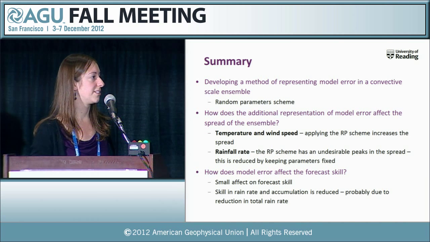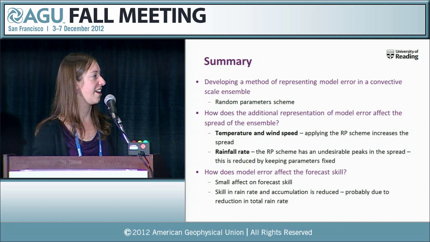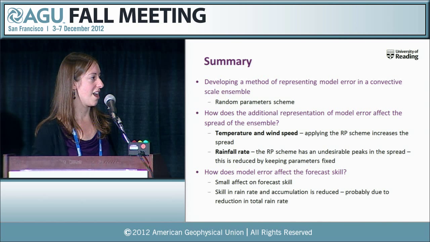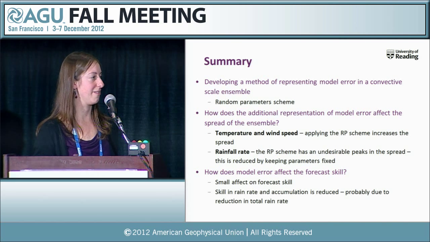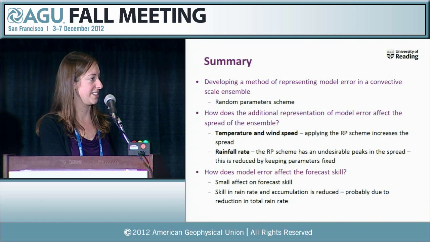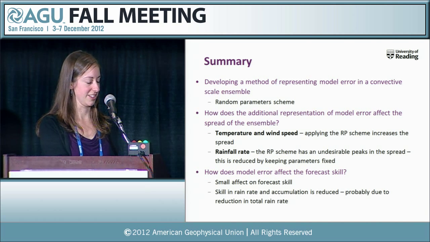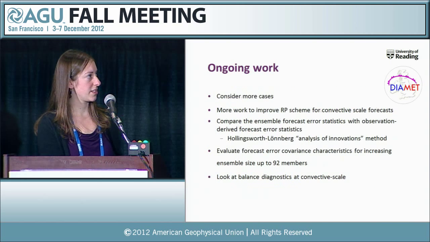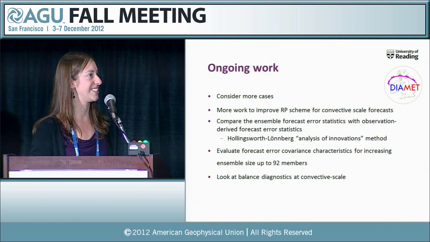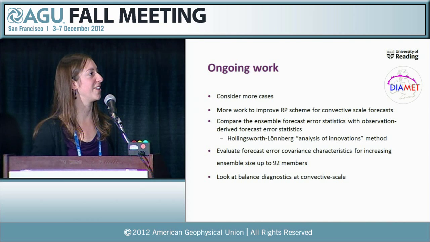In terms of the skill, the addition of model error has only a small effect on the skill of the forecast, but the skill in the rain rate and accumulation is actually reduced, which is probably due to this bias that I mentioned about reducing the total rain rate. So I think what I've said makes clear that it's still a work in progress.